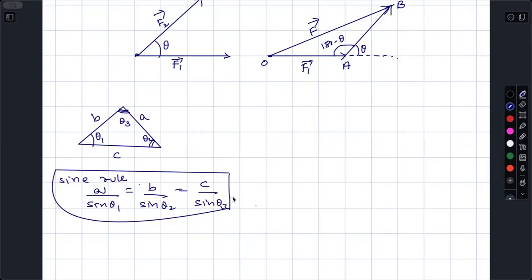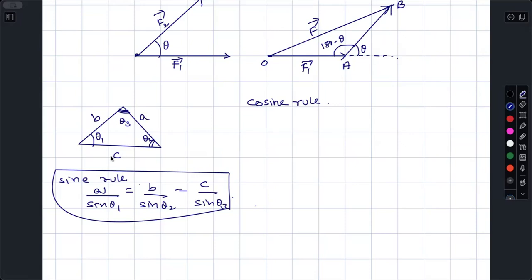Similarly, we have one more rule, the cosine rule. What is your cosine rule? For example, under similar conditions, same situation, cosine rule states that, for example, you have selected here AB.